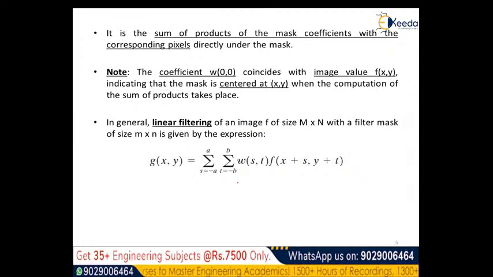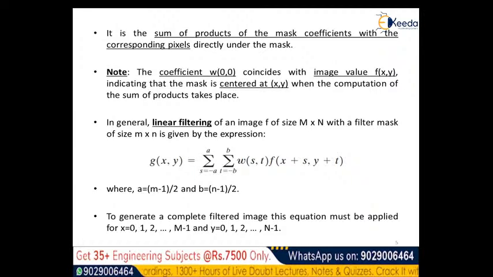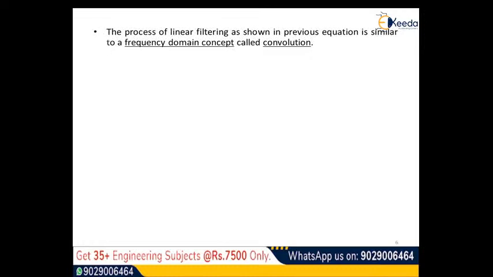In this mathematical representation, small a and small b are nothing but (m-1)/2 and (n-1)/2 here, and this is supposed to be operated onto the entire image plane. Hence, we have to range x and y from 0 to capital M minus 1 and capital N minus 1 here. So this is the simple process of linear filtering, as we have shown in the mathematical equation here.